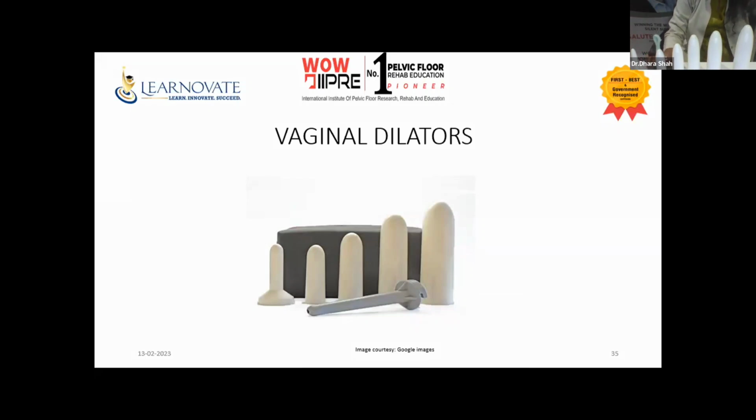This is the holder. We can use a dilator for the hypertonus cases, and we can even use the EMG. Have you heard about EMG? We can use the EMG to relax the pelvic floor muscles.